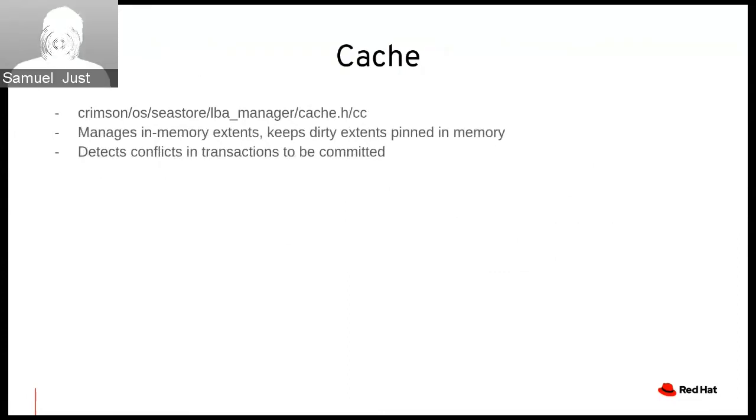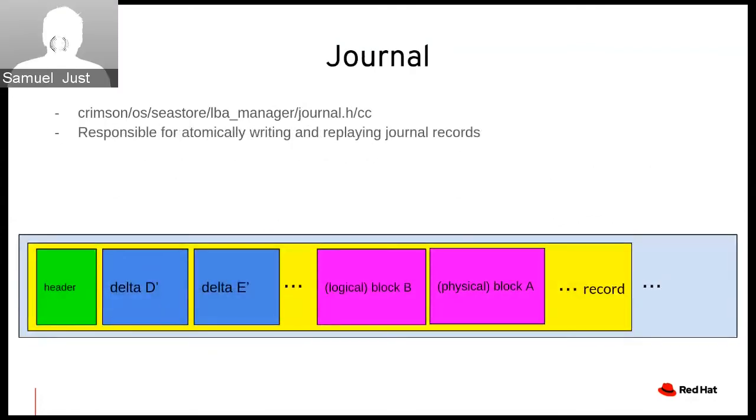The cache component manages a set of in-memory extents, including mainly any dirty extents whose current representation differs from the on-disk representation due to deltas that have been written between when the extent was written and now. It also is the component responsible for detecting conflicts. Finally, the journal is responsible for actually handling atomic write and replay of journal records.